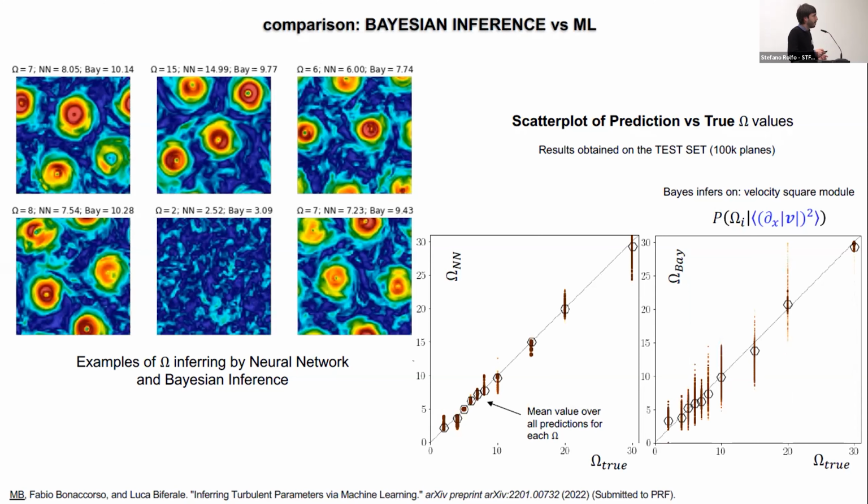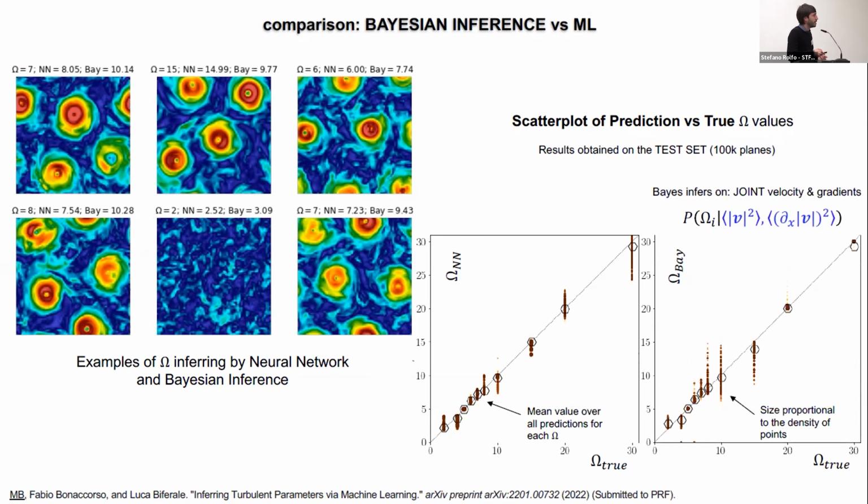If we even use a more refined Bayes inference using the joint conditional probability that combines large and small scale features, we see that even Bayes starts to approach the performance of the network. So it means that the network has learned what is the best observable to put together, mixing small, large scales and all possible measurements that it could have performed, so as to optimize this inversion task.